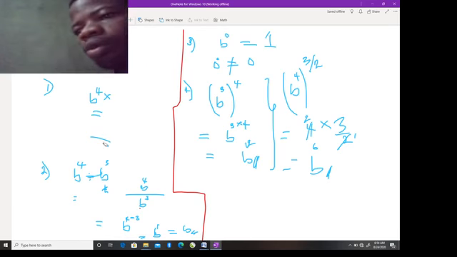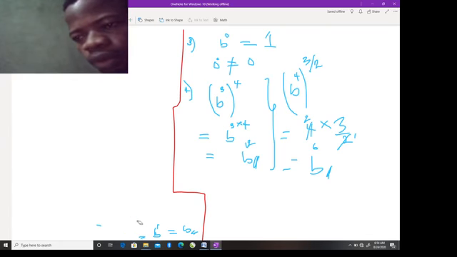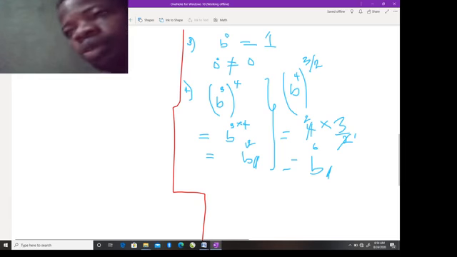So we go to an inverse rule, the inverse law. You can have a power that is carrying a negative sign. Let me write that. You have rule 5. You have b raised to the power of minus 1.